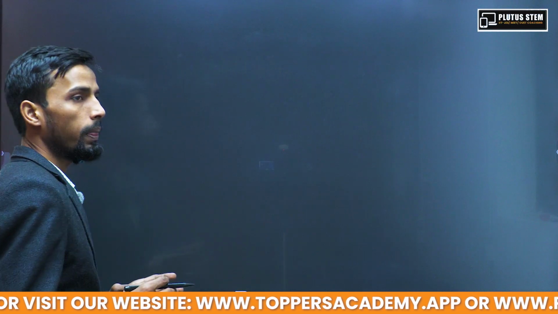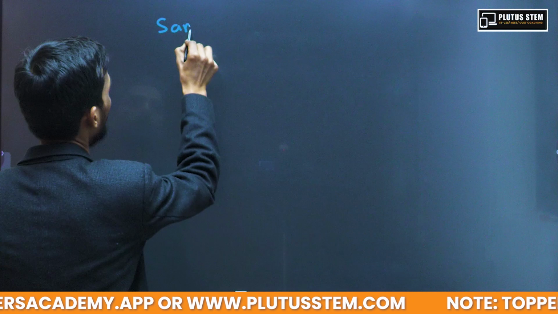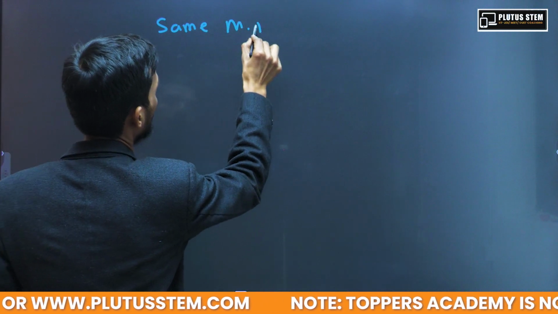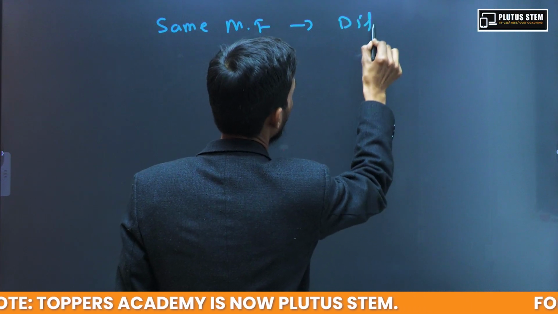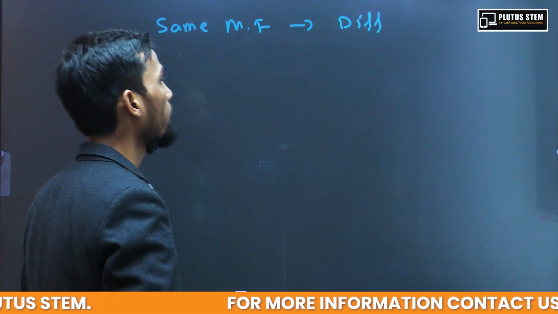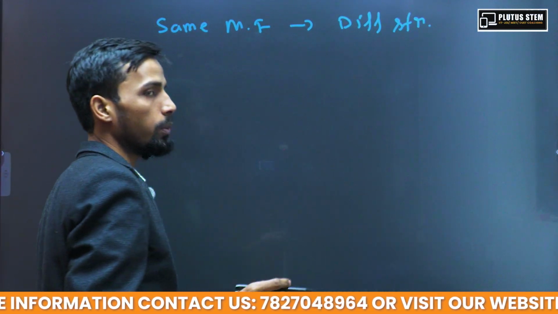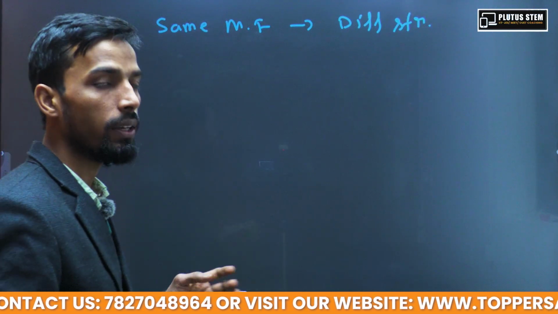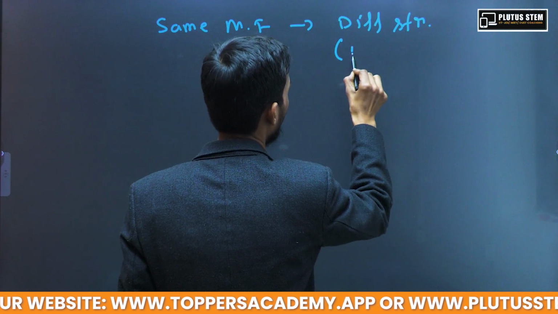As we know, in isomerism we have the same molecular formula but a different structural formula, because it is a subpart of structural isomerism. In functional isomerism, the structure differs due to a difference in functional group.